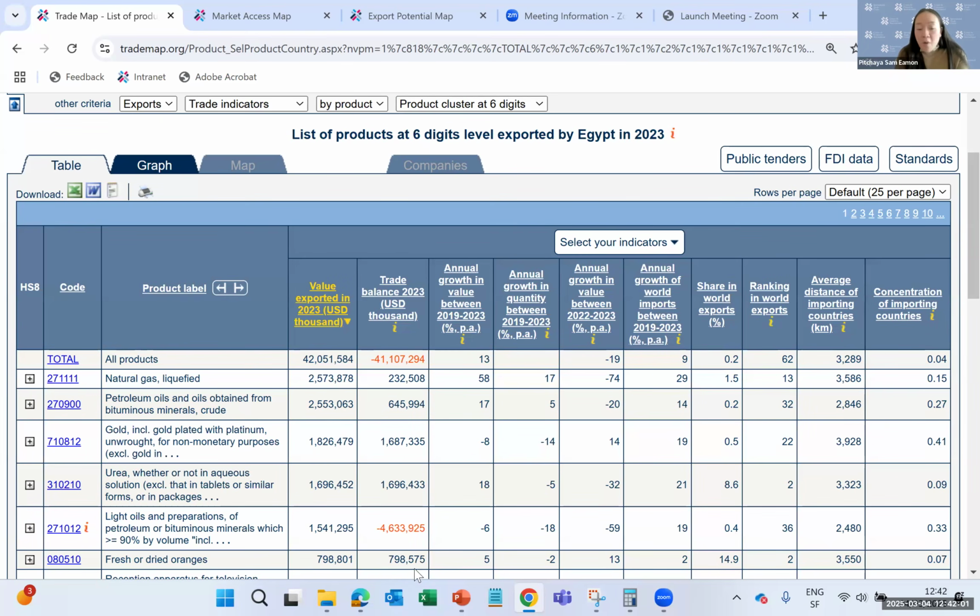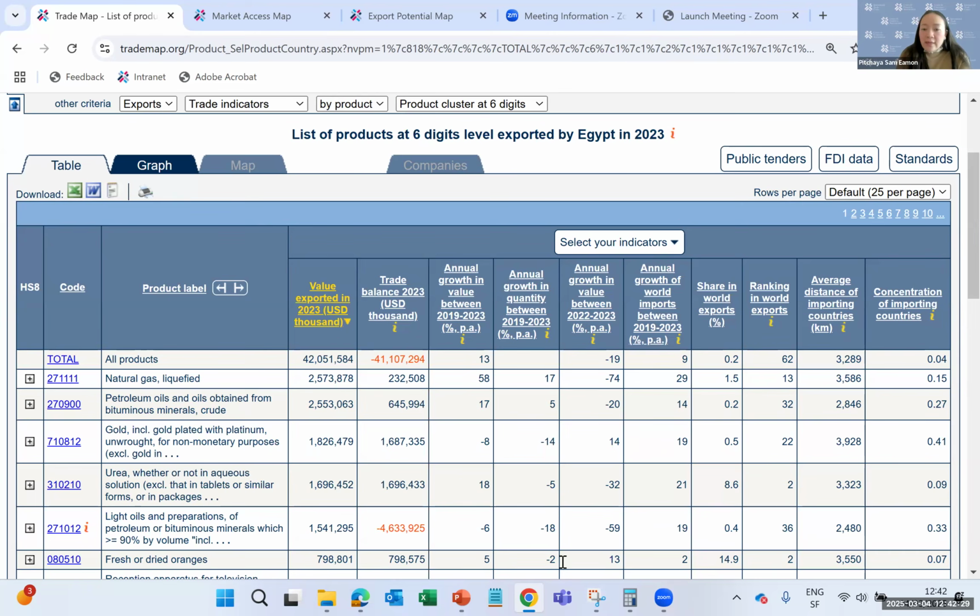It exports more than it imports, so that's why the trade balance is positive. Then you see that Egypt export growth over the last 5 years for this product is 5%. Okay. Yes, it's a positive growth. However, Egypt's average is 13. So we'll say that even though it's a positive growth, it is not growing as fast as the other exports.